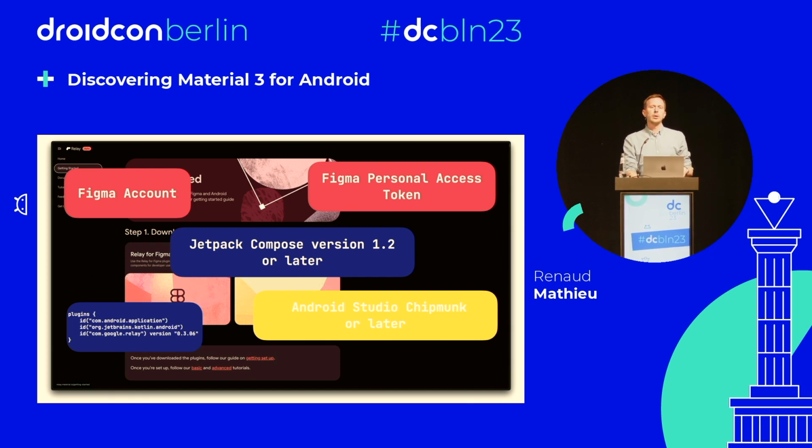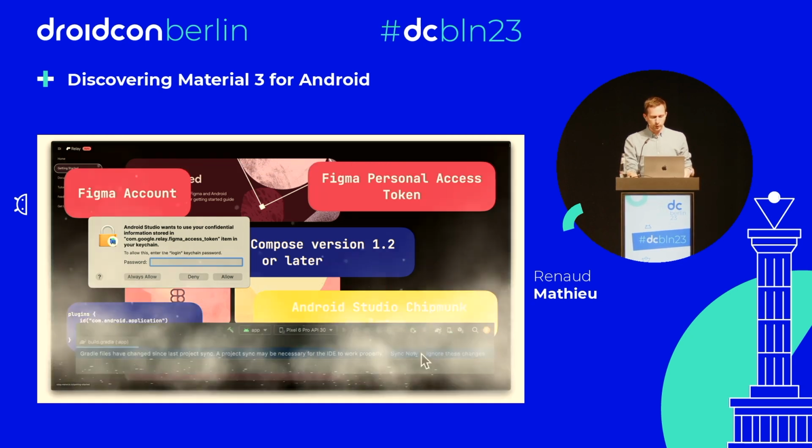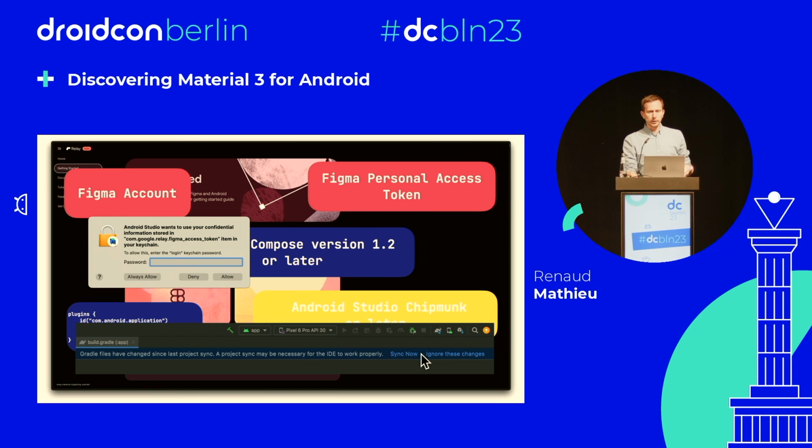You have to update your project by using the plugin from Relay. You have to, I don't know why, when you install, put your password. And then you have to Gradle sync. And so basically what you have to do is many things.